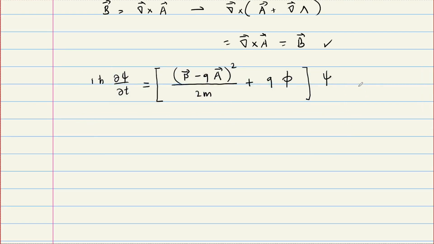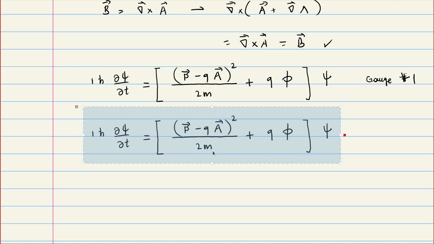Let's call this gauge choice number 1, and the second gauge choice, with the primes, is going to be psi prime here, A prime here, phi prime here, and psi prime.